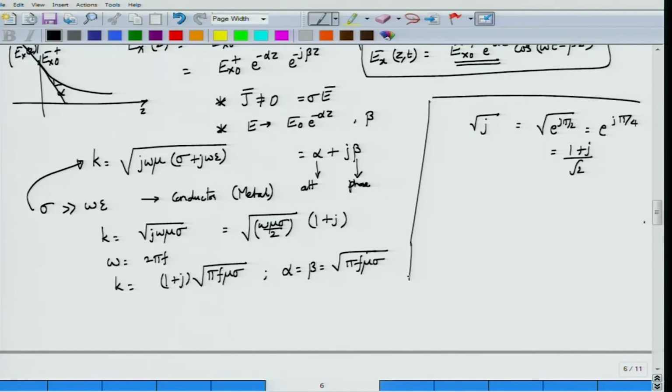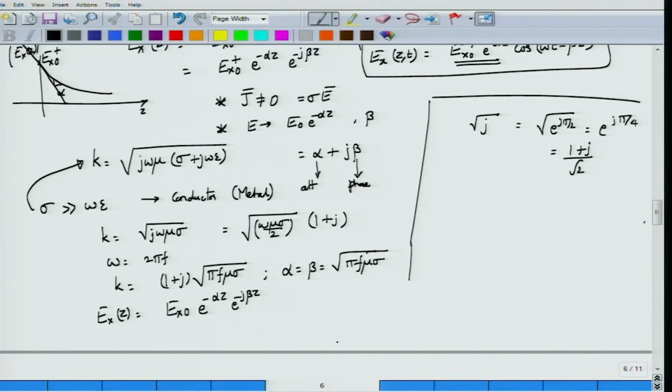So what will happen to the electric field that is propagating? Well, the electric field will be Ex of z, with some initial amplitude Ex0, I am assuming still only a forward propagating wave, and then you have e power minus alpha z, e power minus j beta z. So both of these are equal to the square root of pi f mu sigma.